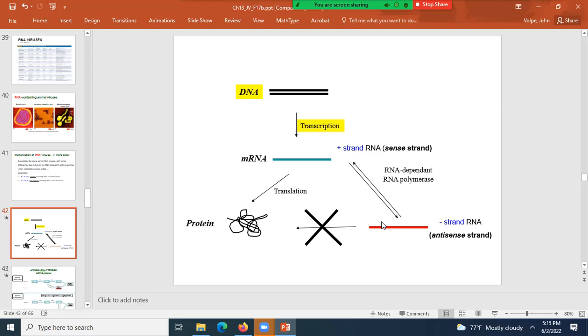The negative strand RNA cannot be read by the ribosome, so it is not translated into protein. How the negative strand RNA viruses make their proteins is they make a positive strand RNA, and then they can use that positive strand RNA as a messenger RNA to be read by the ribosomes in protein translation. Any question about any of this?